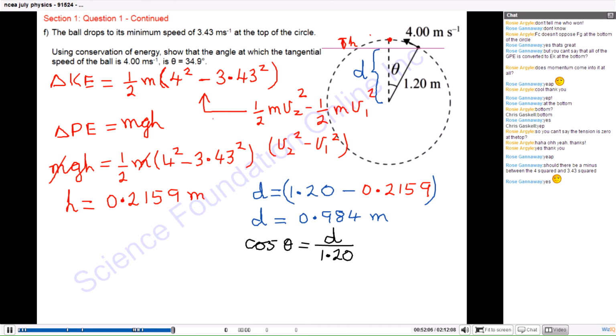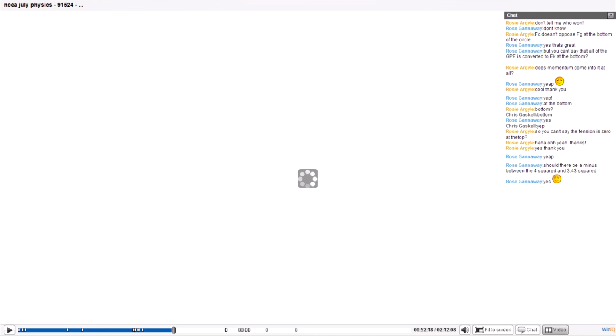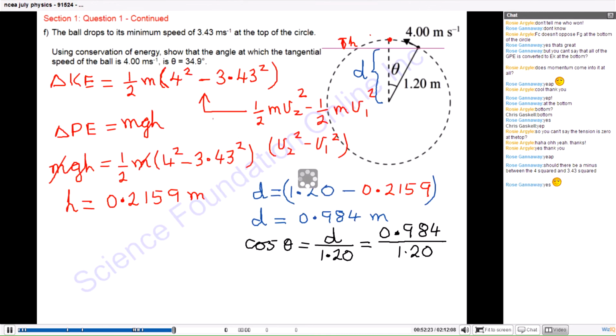So what does that mean then? 0.984 divided by 1.20. I wrote a wrong letter.